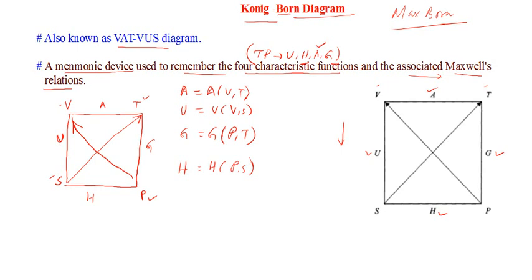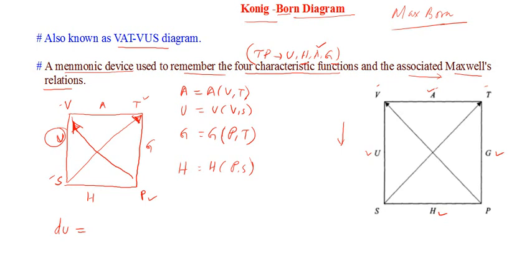Once you write this, or if you recall this diagram, if you draw this diagram correctly with these arrows, be careful about these arrows. See that the arrows are running to the top. These arrows have something to do with the positive and negative signs in your Maxwell's relations. Now once you write it like this, let's see how to write the differential. You can write dU equal to, from this equation, on the left side.